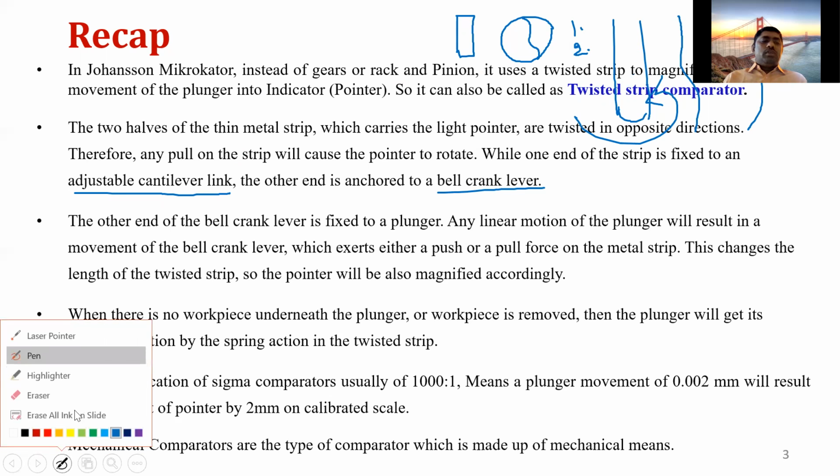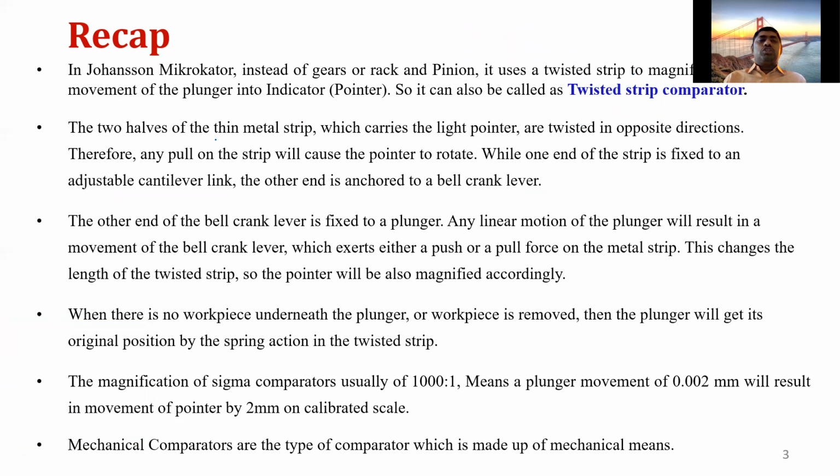The 2 halves of the thin metal strip, which carries the light pointer, are twisted in opposite directions. Therefore, any pull on the strip will cause the pointer to rotate. While one end of the strip is fixed to the adjustable cantilever link, the other end is anchored to a bell crank lever. The other end of the bell crank lever is fixed to the plunger.